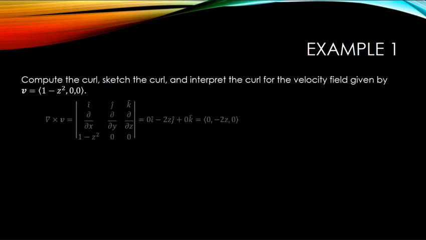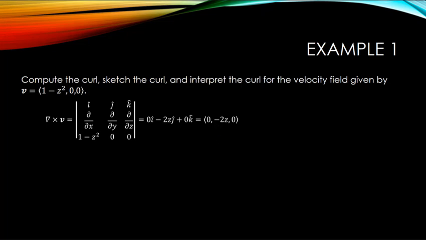The curl is del cross my vector field. So I'm going to take del cross v, which is equal to the determinant of a 3 by 3 matrix, and I get 0 in the i hat direction, minus 2z in the j hat direction, plus 0 in the k hat direction, which gives me a vector with components 0, negative 2z, and 0.